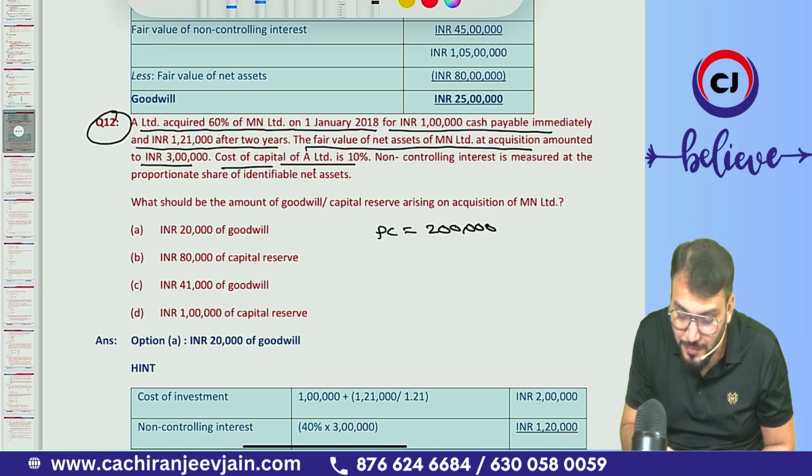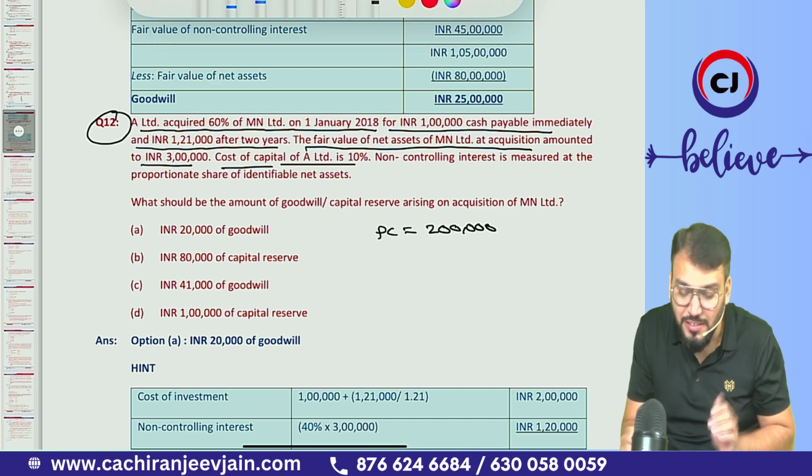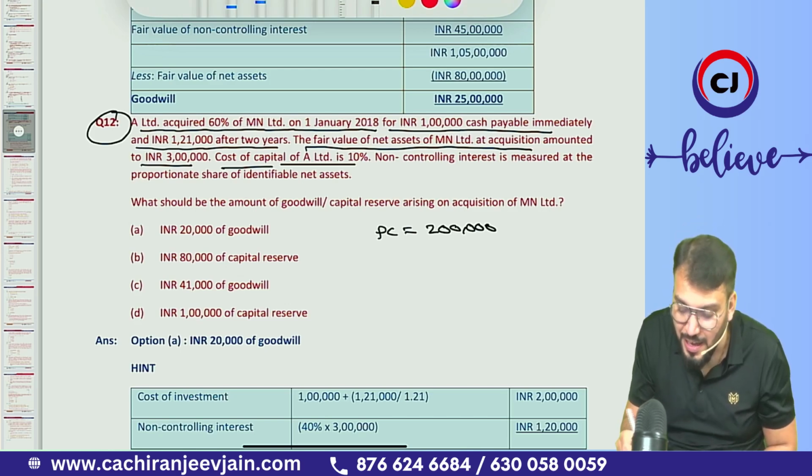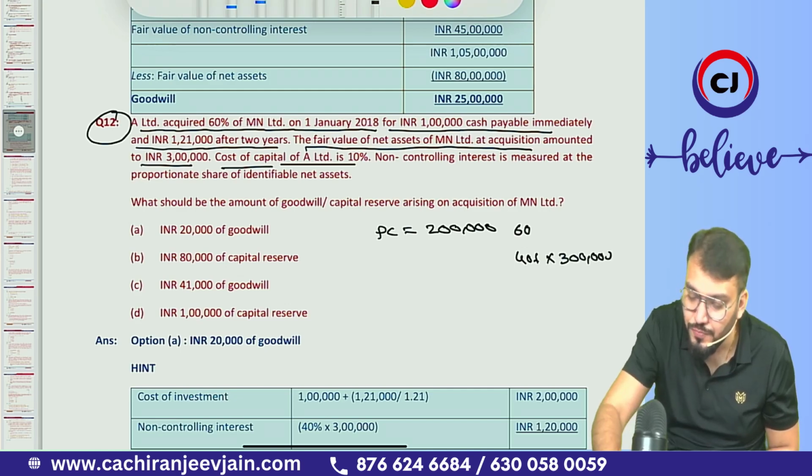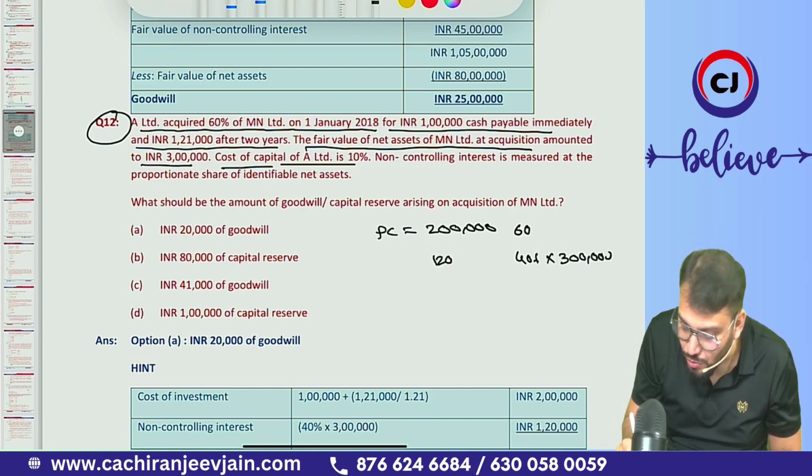Then they have given that NCI is measured using the proportionate share in INA method. What is the fair value of INA? Fair value of INA is given as 3 lakh. This is 60%, so what is 40%? 3 lakh into 40% comes to 1,20,000. So 1,20,000 is NCI.